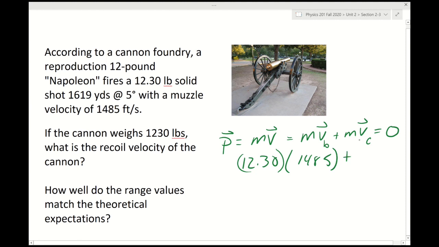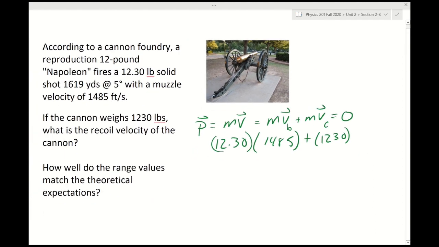We know that the mass equivalent of the actual cannon is 100 times greater, and so we need to know its speed. Turns out that the speed is simply going to be 100 times less, 14.85 feet per second. Then all we need to do there is convert feet to meters.